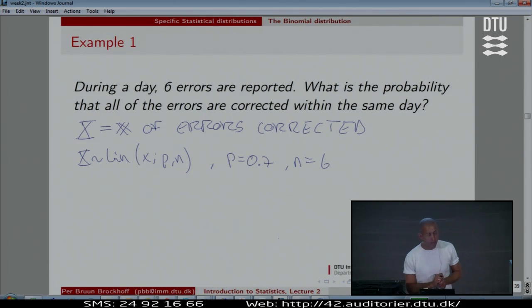Now we are asked a question. We are asked, what is the probability that all errors are corrected within the same day? Some probability related to X. The probability of X, what? That's the big step now. Can we express this probability exactly?